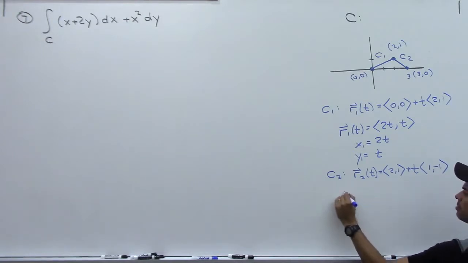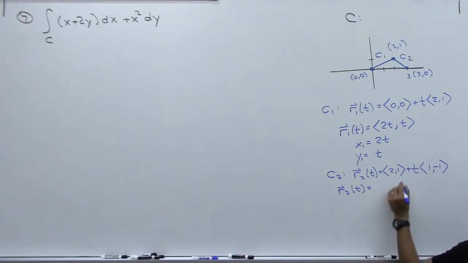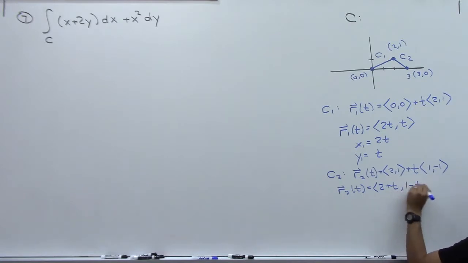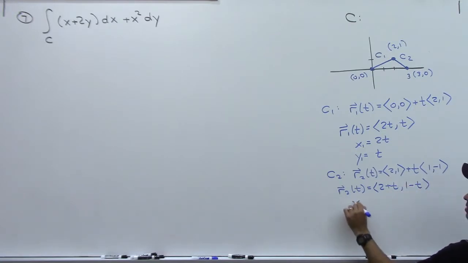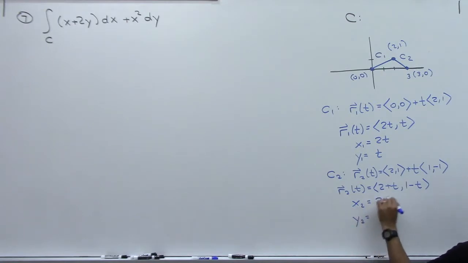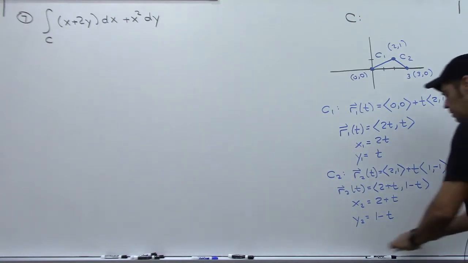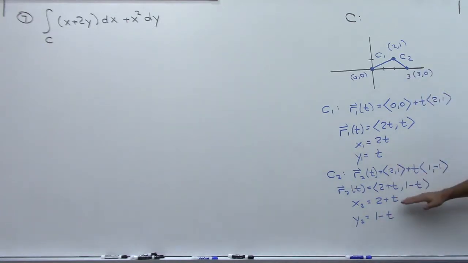And then we put those 2 together. This is going to be 2 plus t, and then 1 minus t. So the x and the y are going to be 2 plus t and 1 minus t. All right, so those are the parametric equations for the 2 curves.